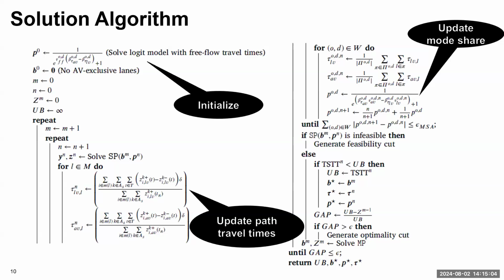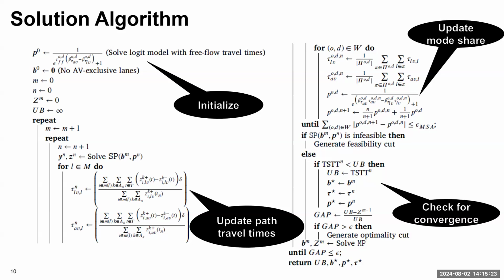Based on that, the mode share is updated, and then we check for convergence, and then we find out what is the proportion of AVs that will give us the maximum benefit in our network, and how the overall total system travel time performs.